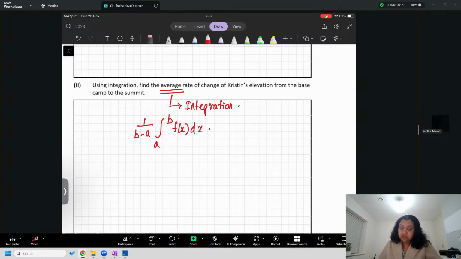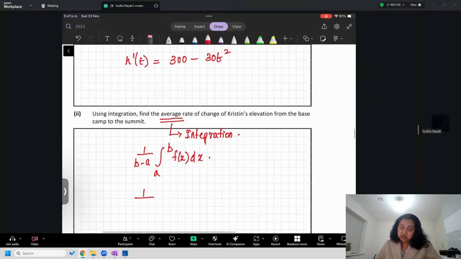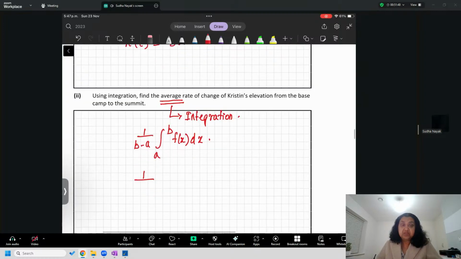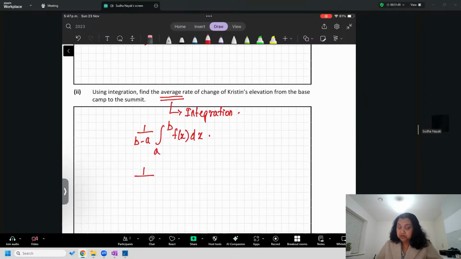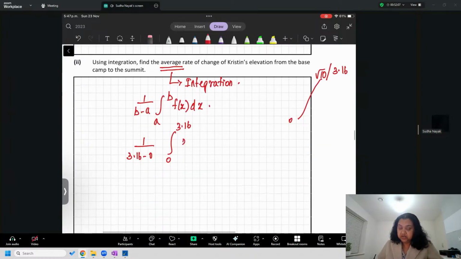In this case, it is the average rate of change from the base camp to the summit. The base camp is 0, and at the summit it was root 10 or 3.16. So it is 1 by 3.16 minus 0, integral from 0 to 3.16 of f of x. What is f of x? It is 300 minus 30t square.